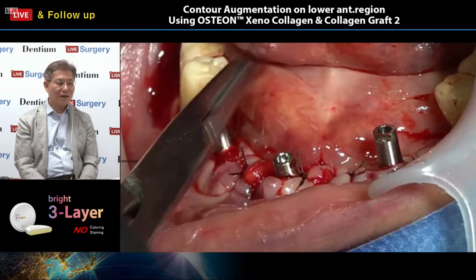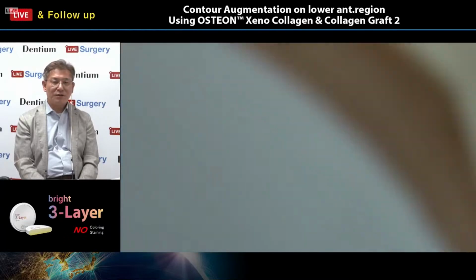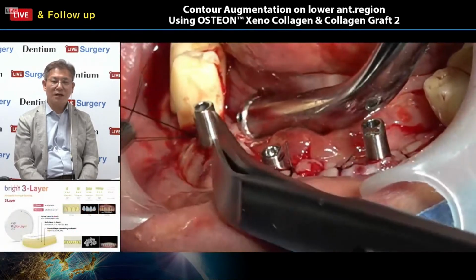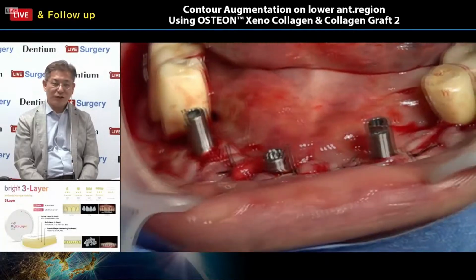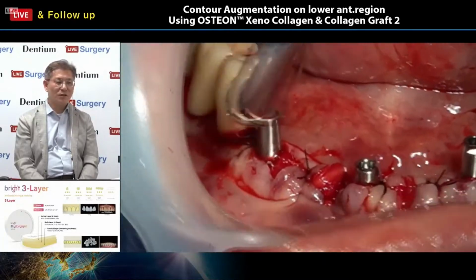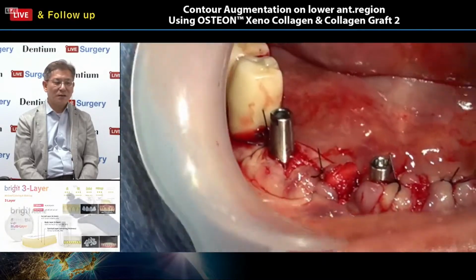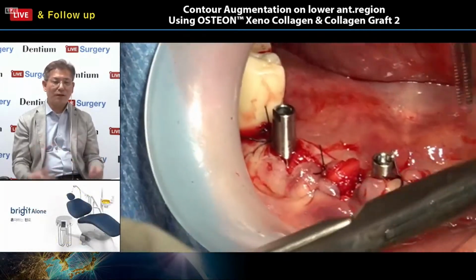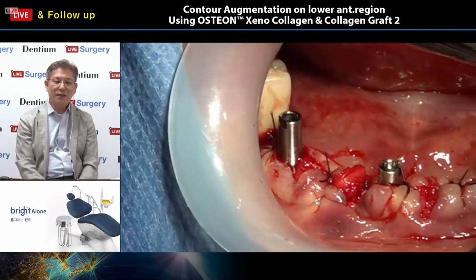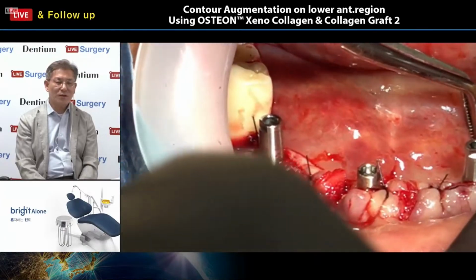So anyway, I think this collagen graft is a very versatile collagen matrix material, and I want to find wider indications for using it.